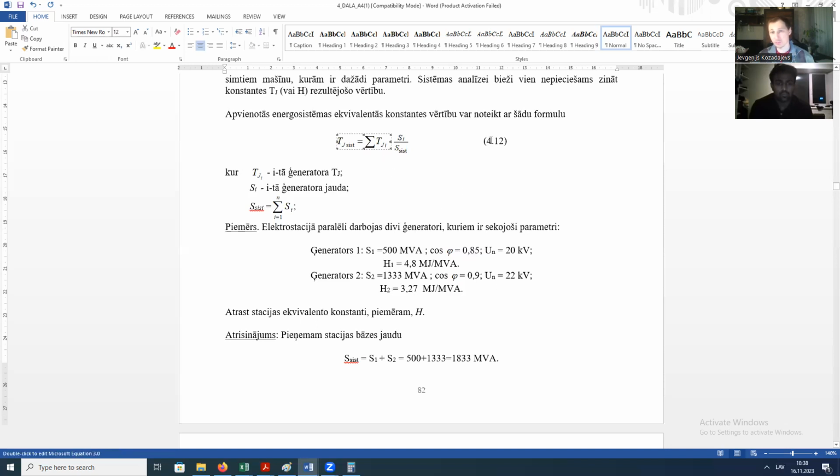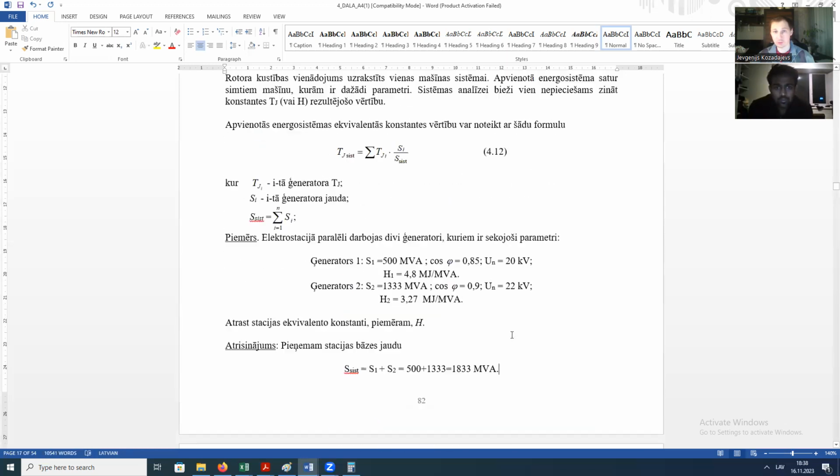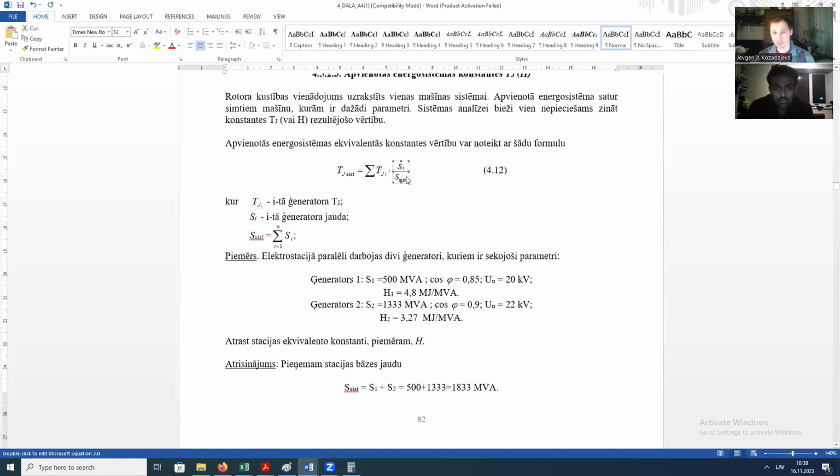So using this formula 4.12, first of all, we calculate the total power of the system, the total generation. If we have only 2 generators, we sum only these 2 values, and we get the total power of the system: 1843 megavolt amperes. Then we calculate this part as the multiplication of each generator's inertia by its power divided by the total power.